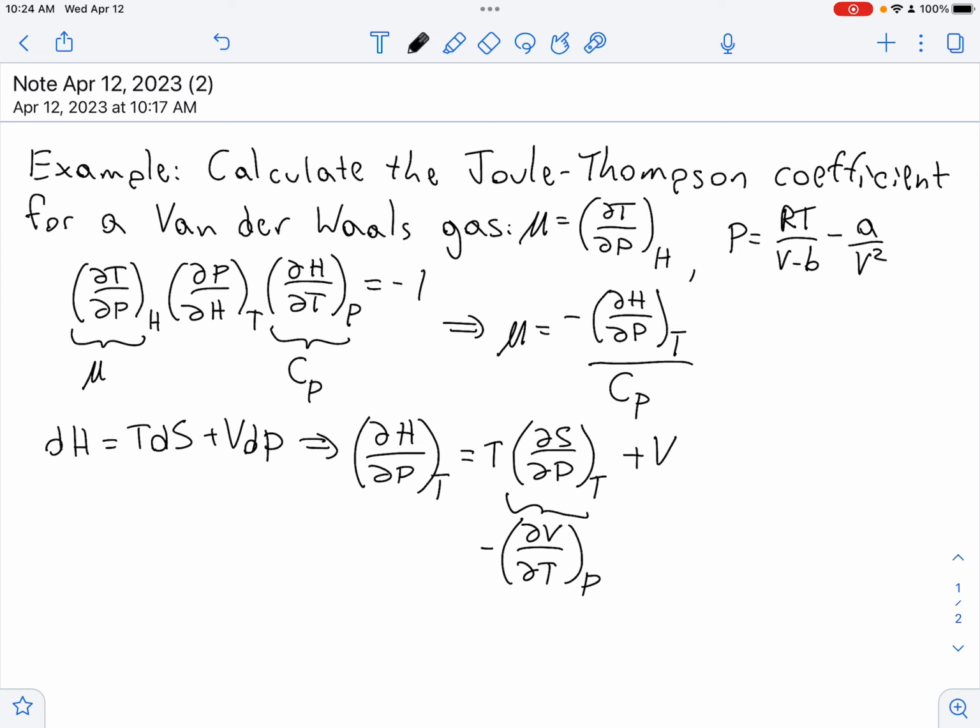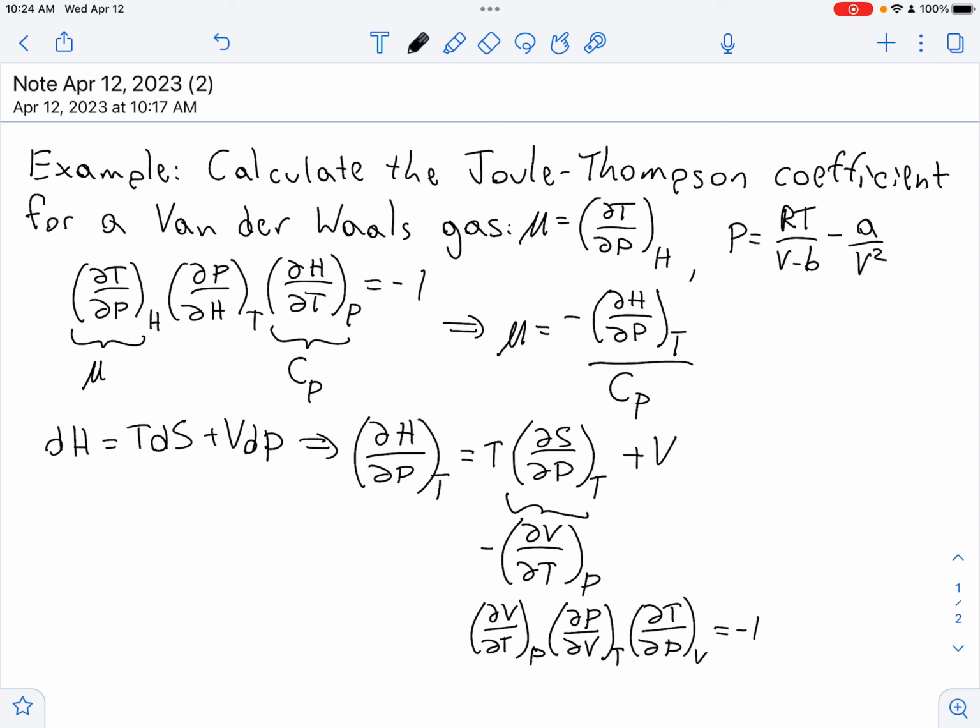So we have dV/dT at constant P times dP/dV at constant T times dT/dP at constant V equals -1.